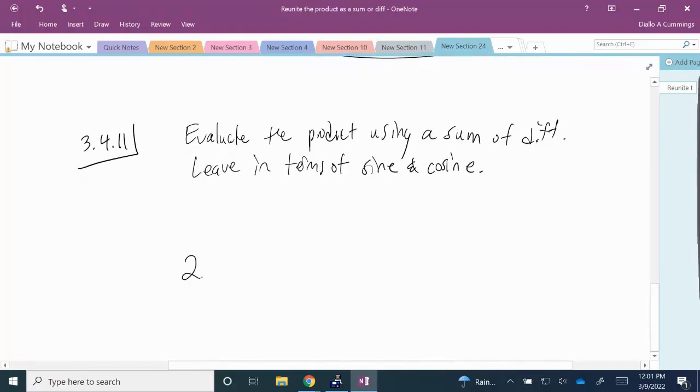So we have 2 times the sine of 19 degrees times the sine of 18 degrees.